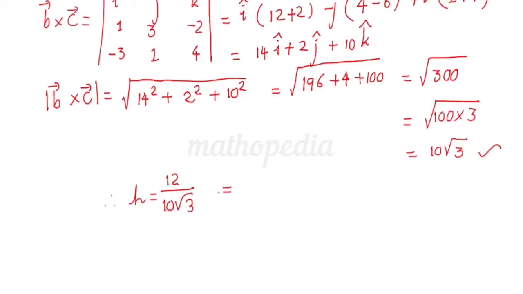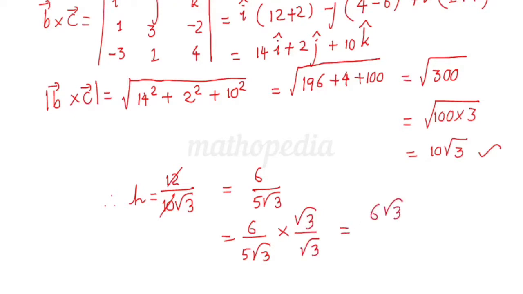So this is equal to, cancelling 2 tables, 6 by 5 root 3. Multiply and divide with root 3. So that is equal to 6 root 3 by 5 into 3. Now cancel this 3 and 6. So that is equal to 2 root 3 by 5. So this is the required answer.